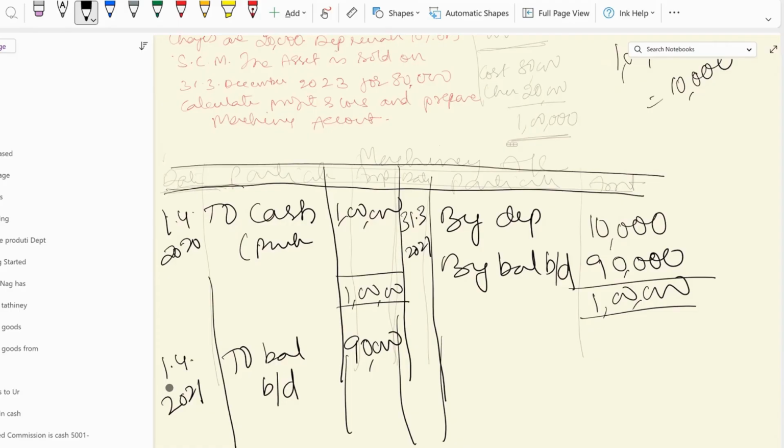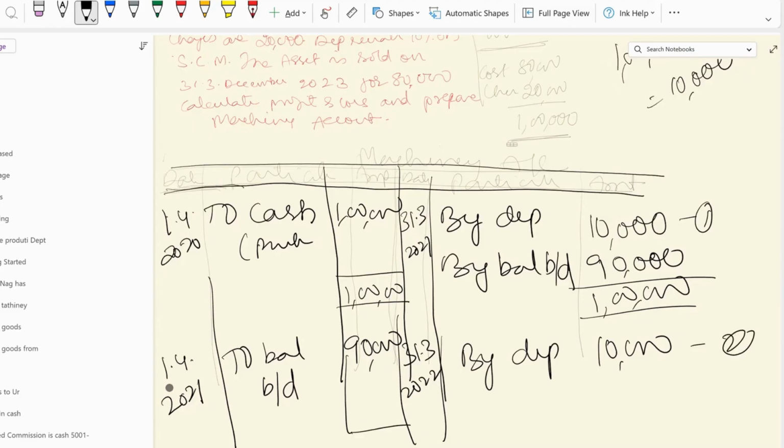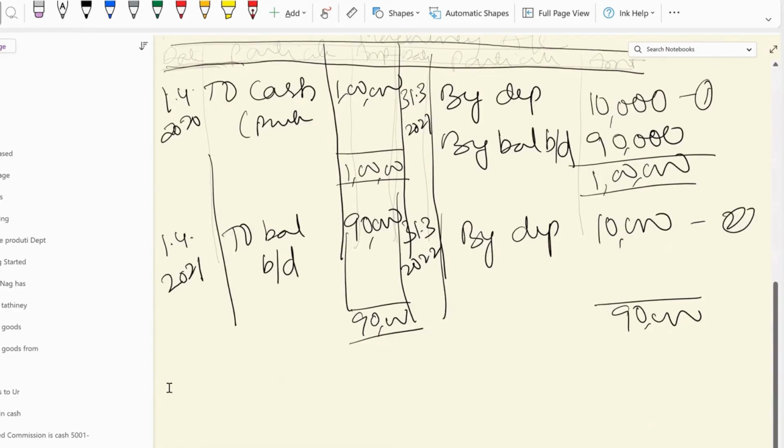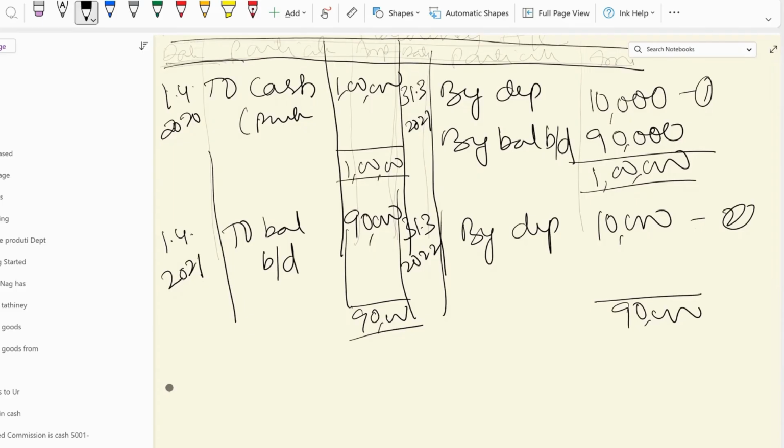And on 31/3/2022, by depreciation, this is the second year, 10,000. So this is the first year, this is the second year. Machinery value is 90,000, and 90 minus 10 is 80,000, by balance carried down.